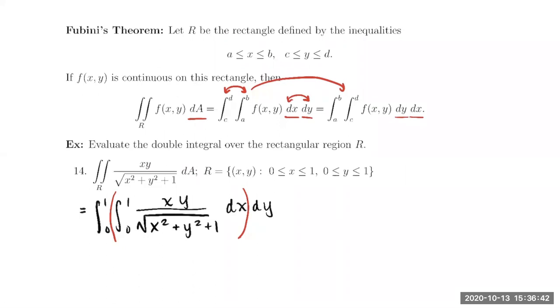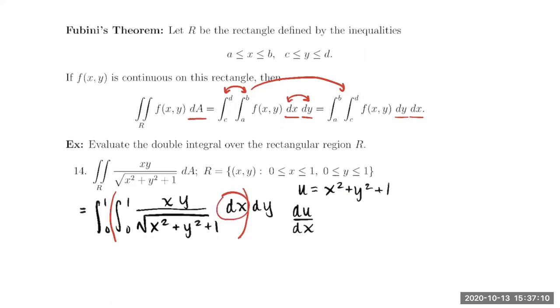When in doubt, you should always try u substitution. And the first thing that comes to mind in this problem for what to choose for u is whatever is the innermost function. In this case, it's what's underneath the square root. So let's let u be x squared plus y squared plus 1. And I want to find the derivative of u with respect to x, and I know that I want to choose x because my differential that I'm working with is a dx.